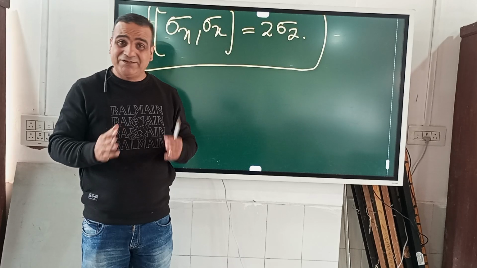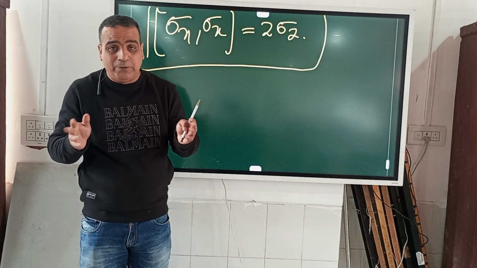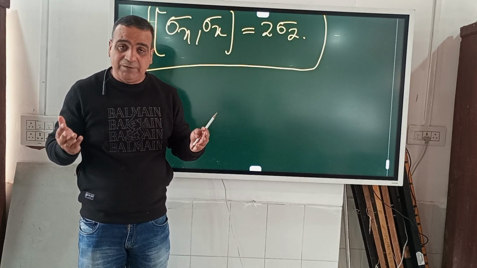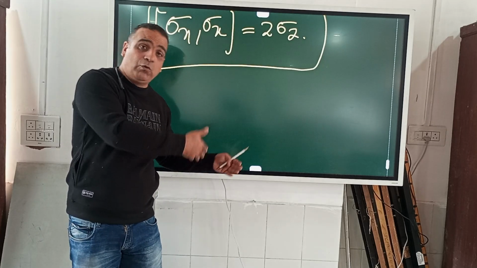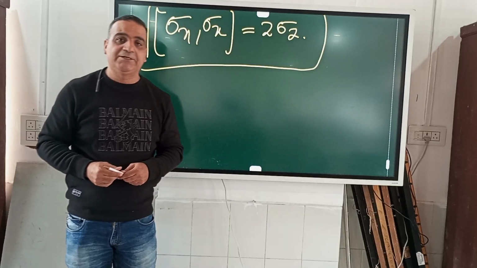We have seen that Pauli spin matrices of different components do not commute, but Pauli spin matrices of the same component commute. And then there is the story of anti-commutation between these Pauli spin matrices.